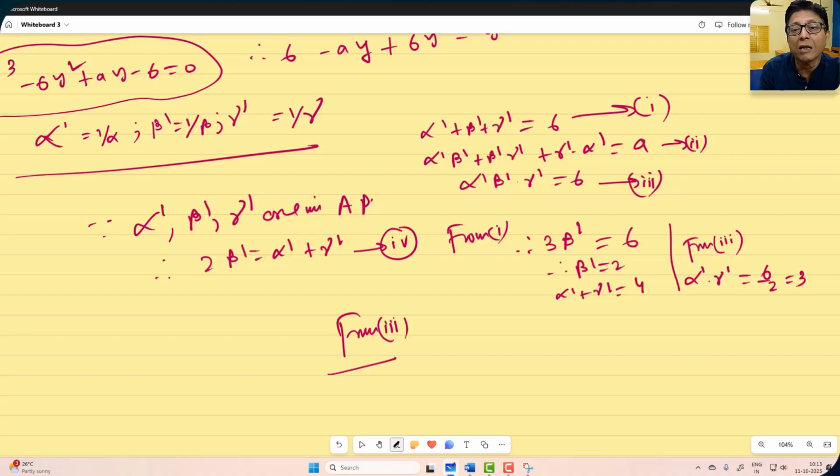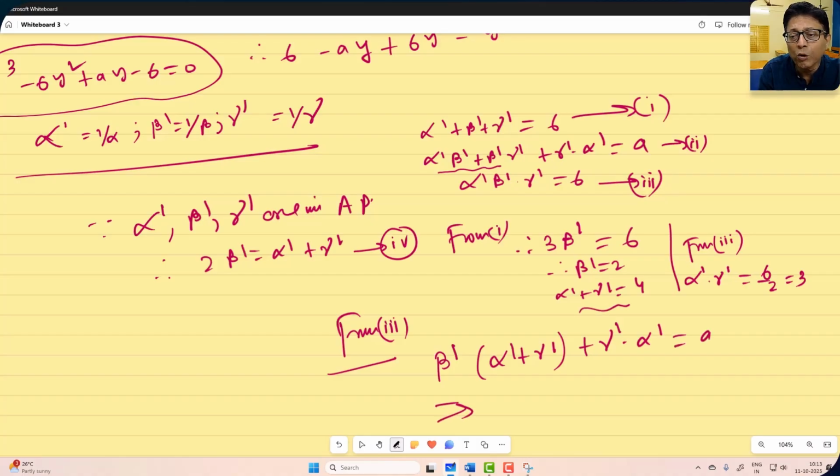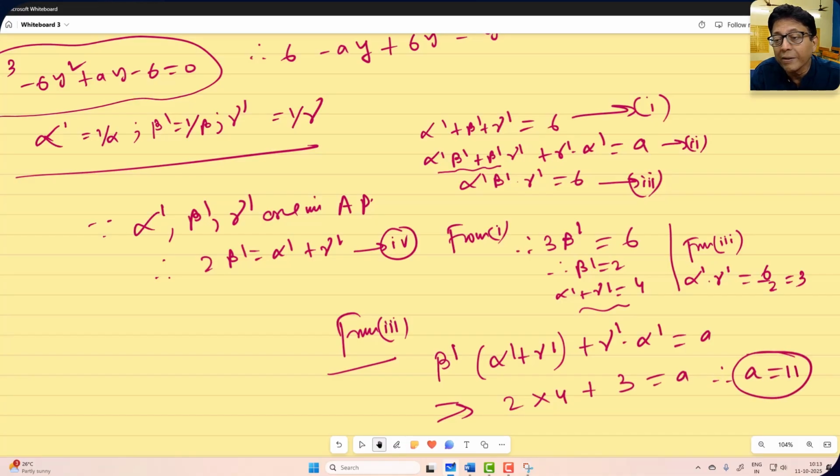Alpha dash plus gamma dash we got. So you take beta dash common from the first 2 terms, plus, now put the value. This is 4 and beta dash is 2. 2 into 4 plus gamma dash alpha dash is 3. So A is going to be 11.